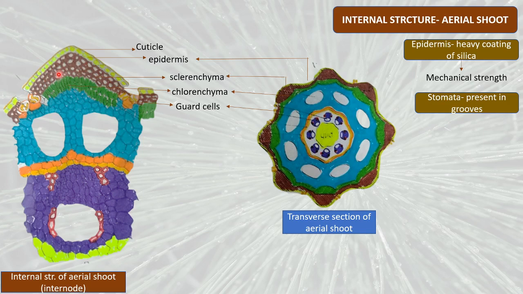As you can see, sclerenchyma is present here also. This brown part is sclerenchyma and this green part is chlorenchyma, right? This sclerenchyma is present more in the region of ridges, less in the region of grooves, and it is totally absent below the stomata, right? So this comprises the outer cortex, which has sclerenchyma and chlorenchyma.